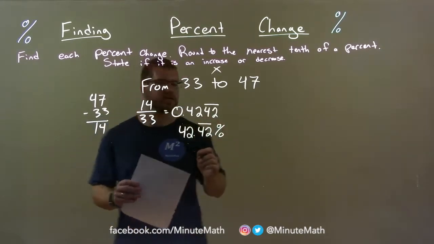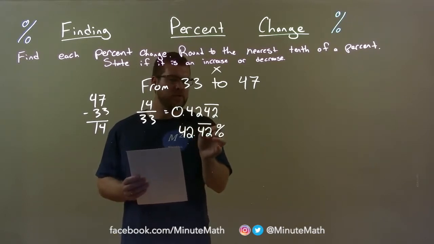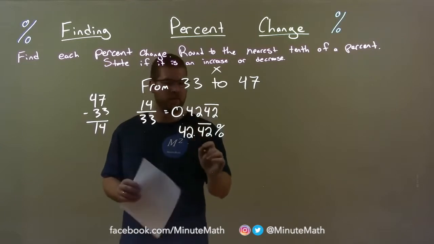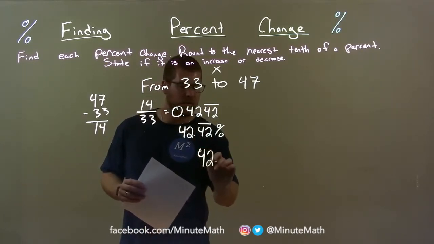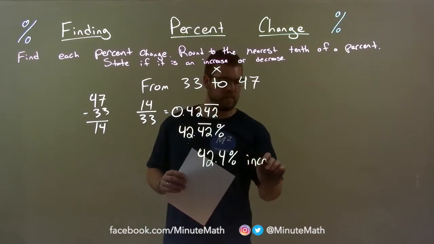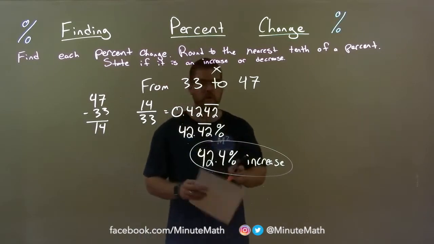Decimal place moves over 2. Well, rounding that to the nearest tenth, that 4 and the 2, we round it to just the 4, right? The 2 causes the 4 to stay as a 4. So we have 42.4%. We said it was an increase. And so there we have our final answer, a 42.4% increase.